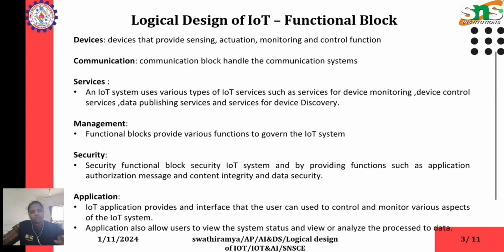When you want to control a device or monitor some place using a device, first you have to discover the device, because you are connecting a number of devices together. So one of the services is device discovery, and the last one is the data publishing service. These are the basic services in an IoT system.